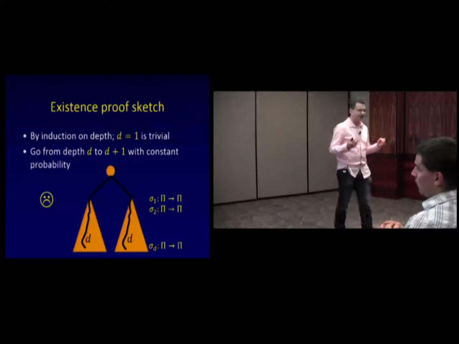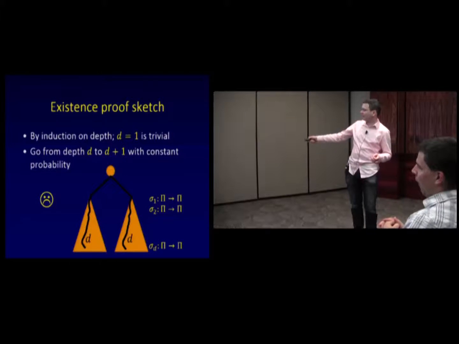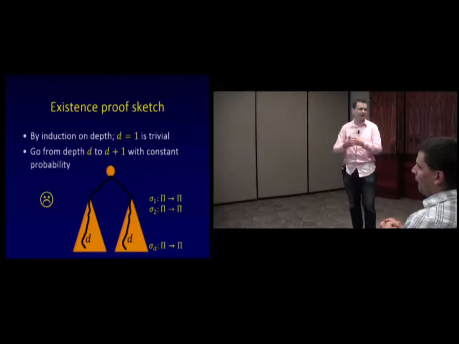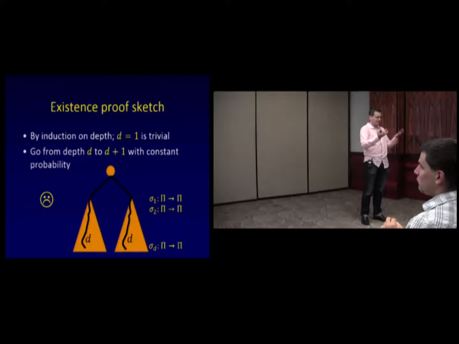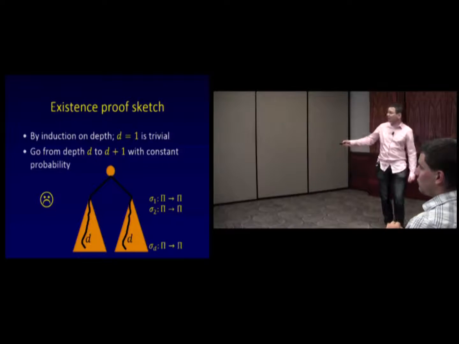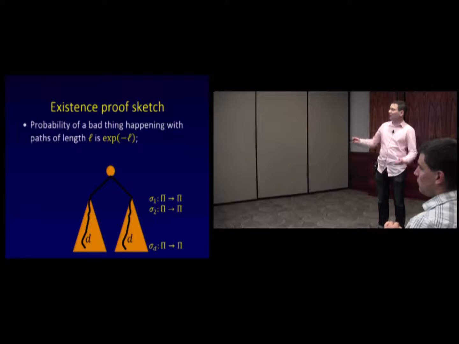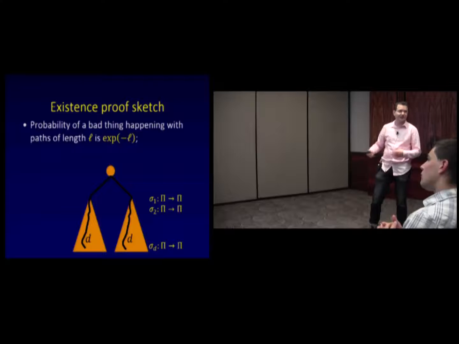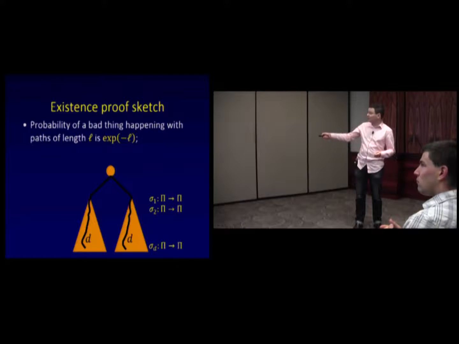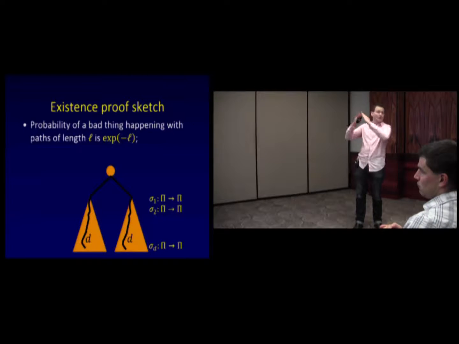It's still all the paths that pass in this tree are equally happy, because as far as they're concerned nothing changed, just the names of the labels changed. And what about these two? If we look at any two paths, one in this tree and one in this tree, and we look at the probability they have small distance, if I just focus on these two paths, they look like two random strings.